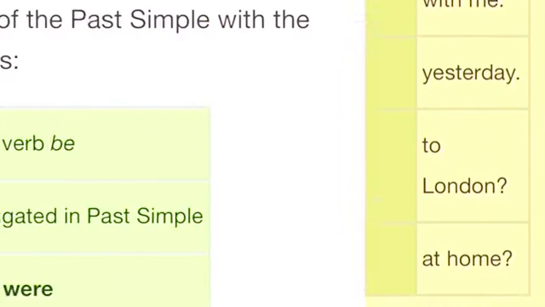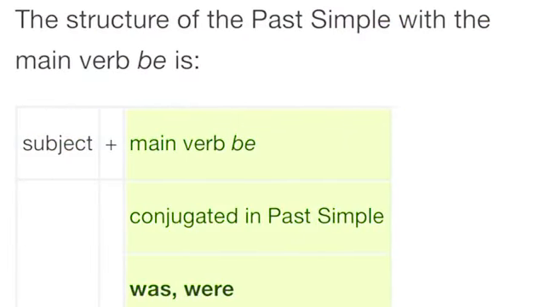Question mark. Now students, let us talk about simple past tense with the main verb be. Correct? Now the structure says it's subject plus the main verb be. If conjugated in the past simple, that is the simple past tense, we need to use was or were. Now here you need to understand one thing. It totally depends upon the identity of a person whether you need to use was or were.